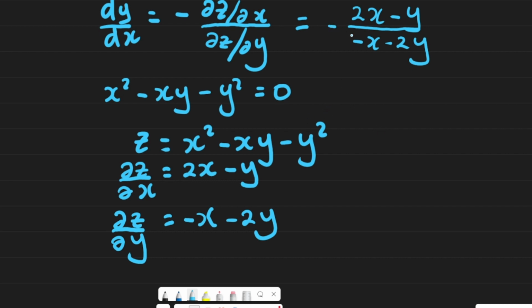Well, of course, we could take minus 1 as a common factor and bring it out. So if we really wanted to do that, this would become 2x minus y divided by x plus 2y. So this is how we use our differential function. We take a function differential, and we're able to compute the derivative of that implicit function using our function differential. So this is an important application of that.